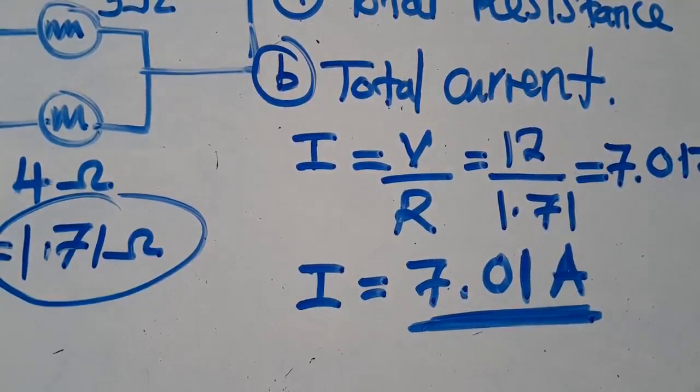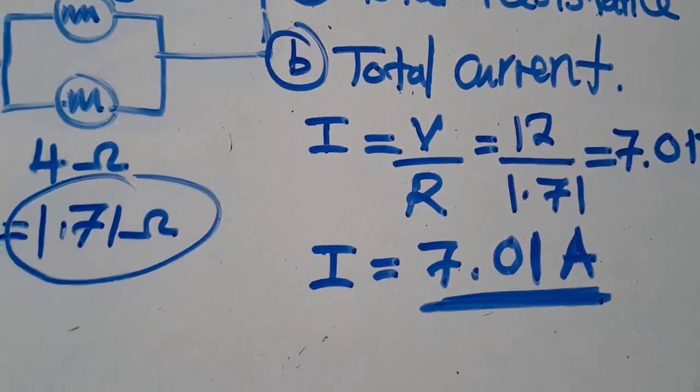You need to make sure that you know all the units that you are using. These are the procedures that you need to do. Let's make sure that we understand each and everything that we are calculating here.